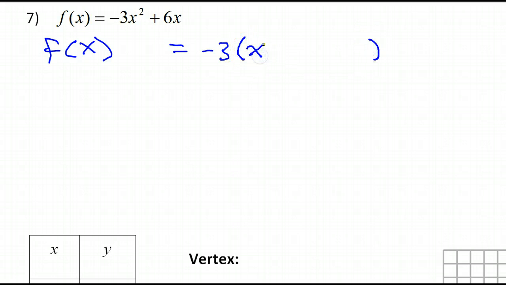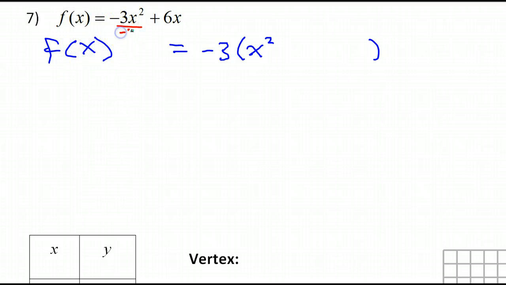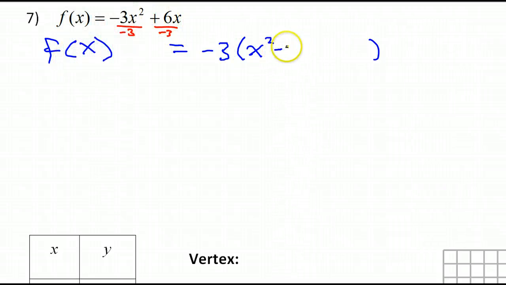So that means on the inside, I'm going to have x squared. Now remember, what I'm really doing when I factor out -3 is I'm dividing. So those cancel out, so I got x squared. But 6 divided by -3 is -2. So I'm going to have -2x like that.